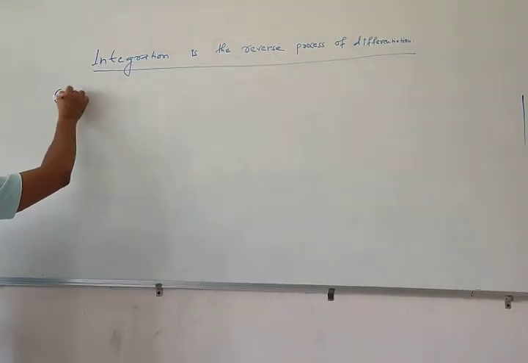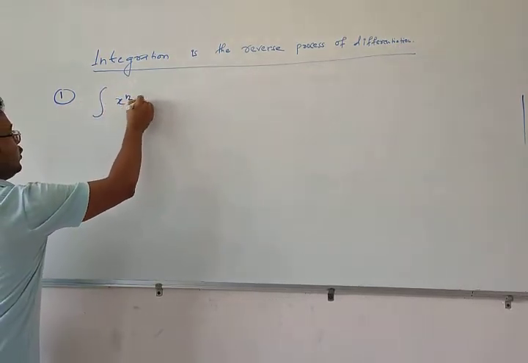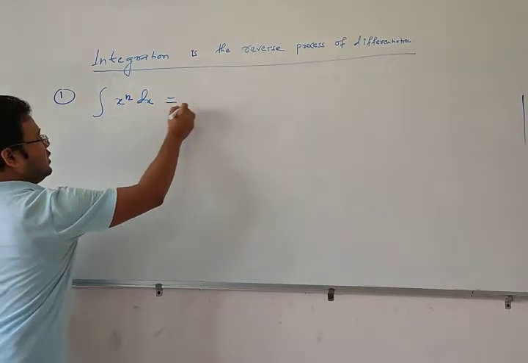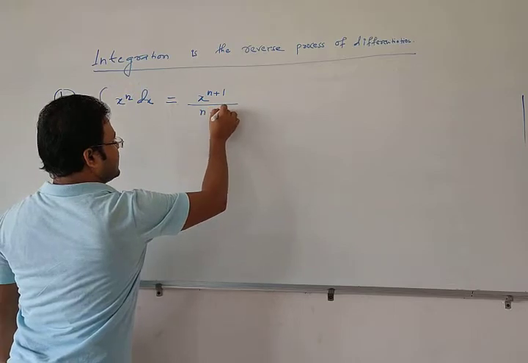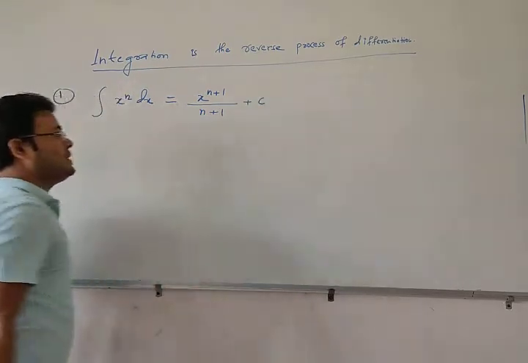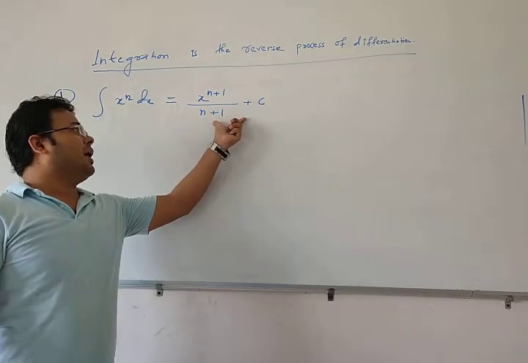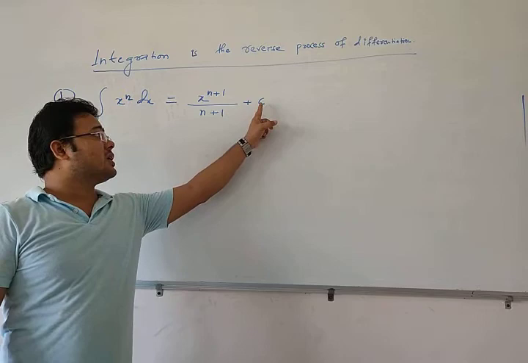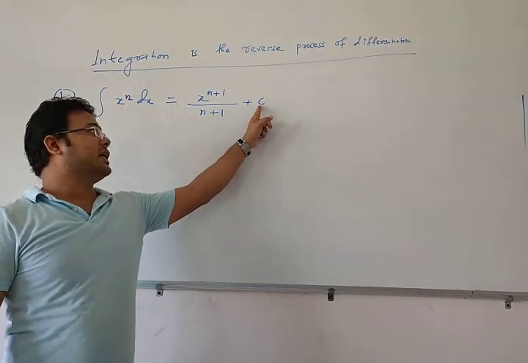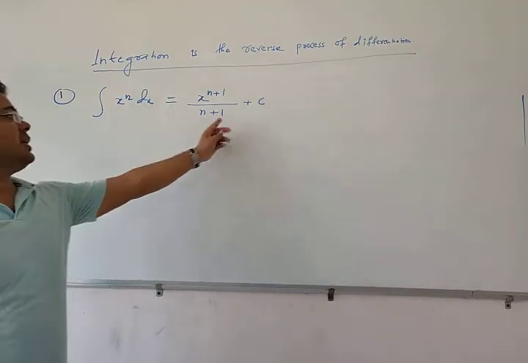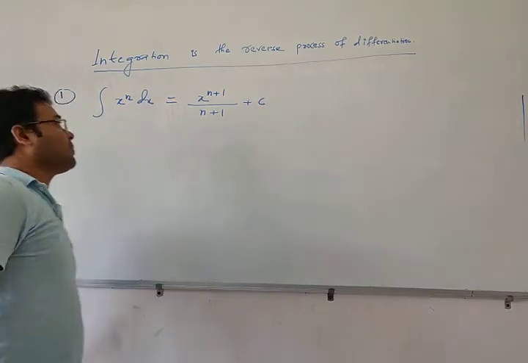Number 1, first formula, integration of x to the power n with respect to x is equal to x to the power n plus 1 upon n plus 1, and we have already mentioned that in each indefinite integral the integral part must contain a constant term c, which is called constant of integration. So we always write the constant of integration in the integral part.